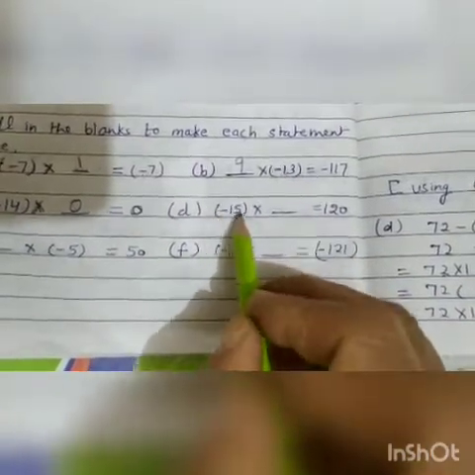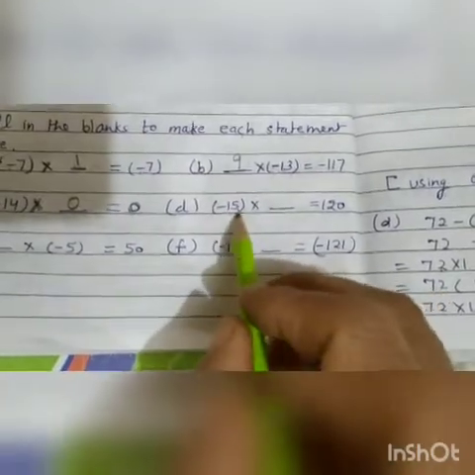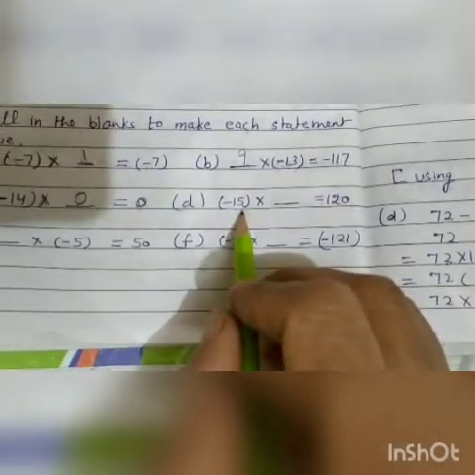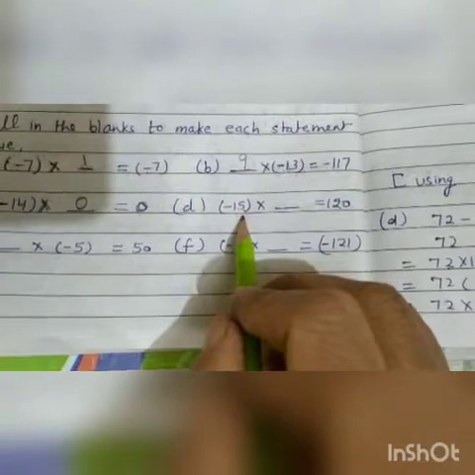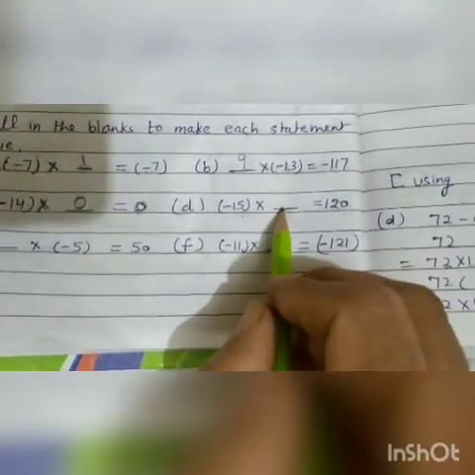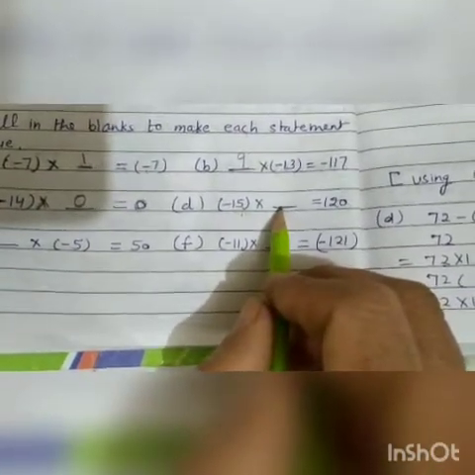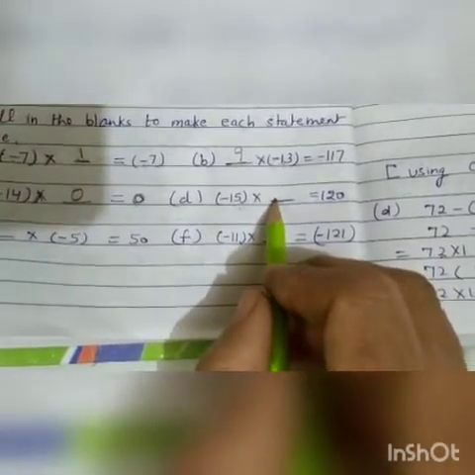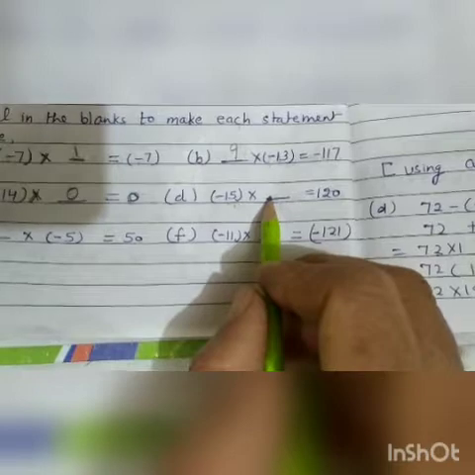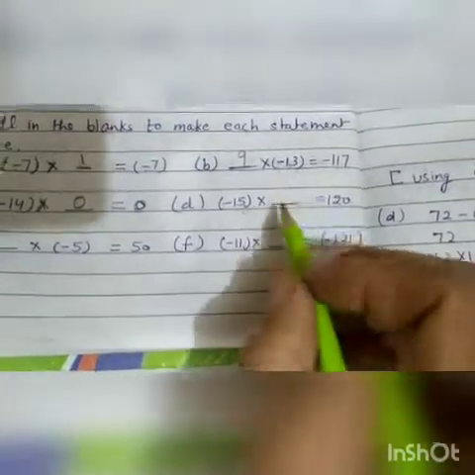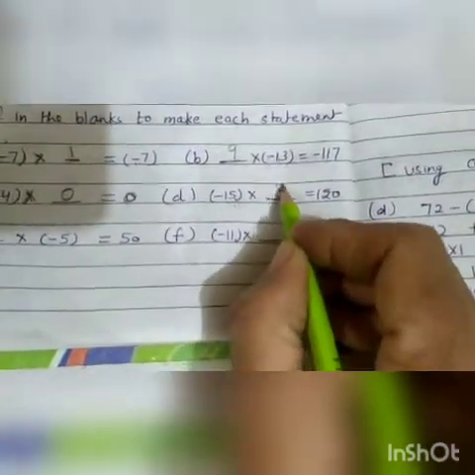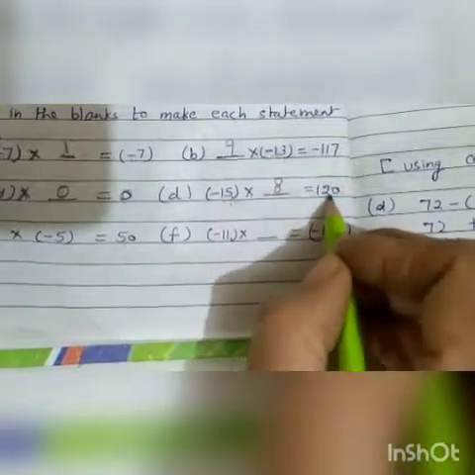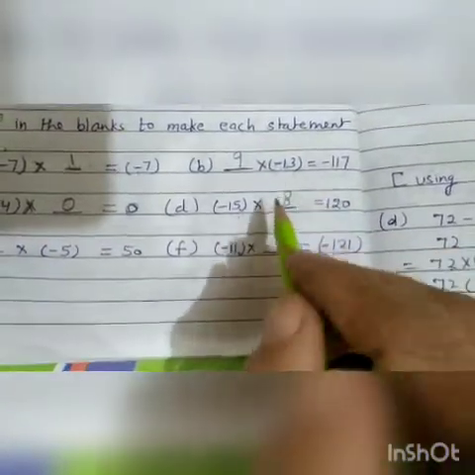We will read the table of 15. 15 1 is 15, 15 2 is 30, 15 3 is 45, 15 4 is 60, 15 5 is 75, 15 6 is 90, 15 7 is 105, 15 8 is 120. So first we will write 8 here. 15 times 8 is 120. Now check the sign.